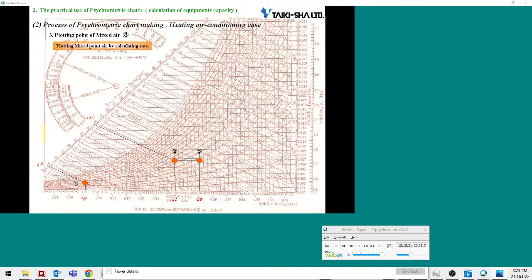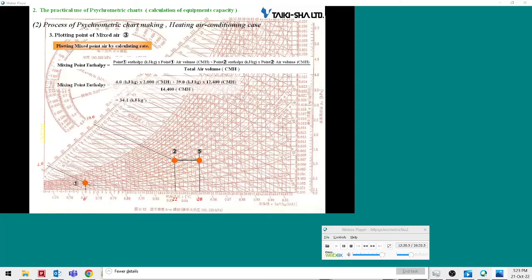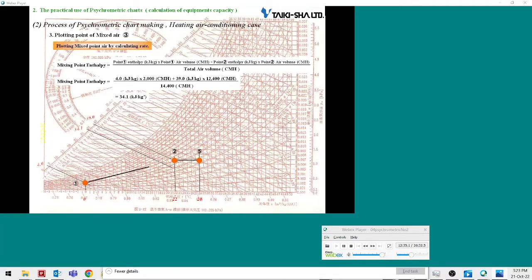Let's plot the mixing point. The mixing point is the inlet air point of the heating coil. Determine the mixing point according to the conditions of the outdoor air and return air in the airflow. The calculated enthalpy of the mixing point is 34.1.